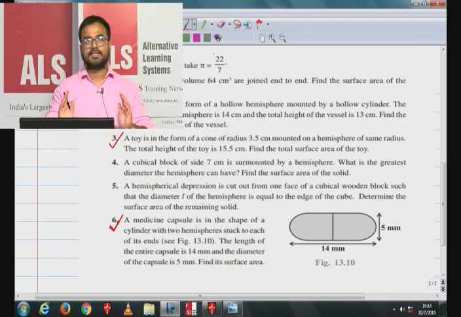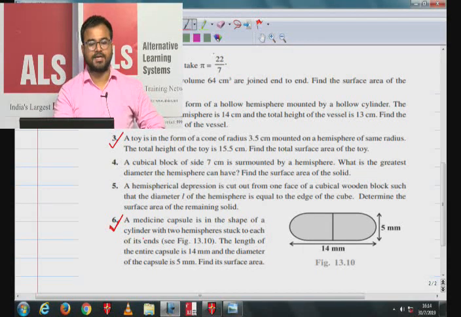In the third one, it says a toy is in the form of a cone, radius is given, mounted on a hemisphere. The cone is on the top of the hemisphere of the same radius. So for the third case, your diagram would be like this. This is a hemisphere and the cone is on the top of it. And it says that the total height of the toy is 15.5.